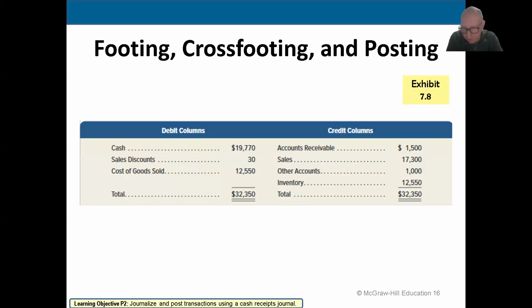And on the right side, we see accounts receivable, sales, other accounts, inventory. We see that they equal out, right? Think of this as a way for us to verify that our debits equal our credits. That was the point I wanted to get across.